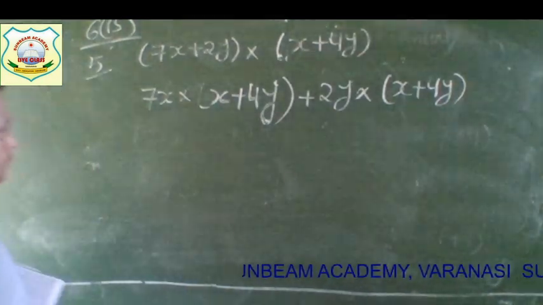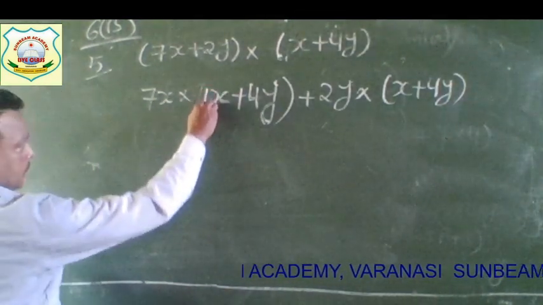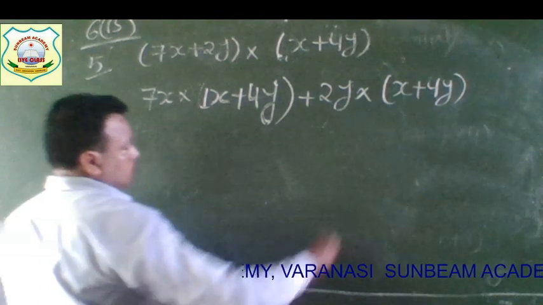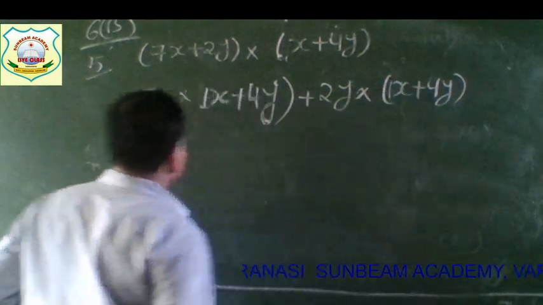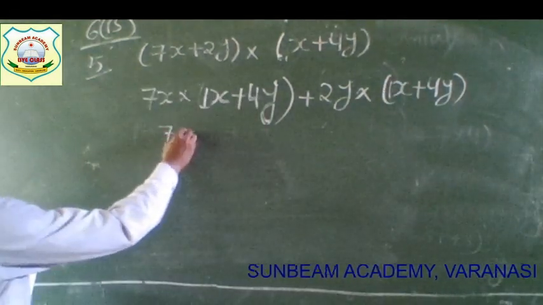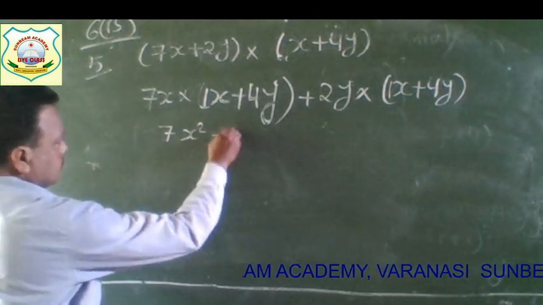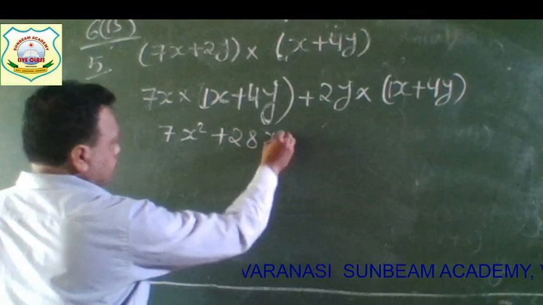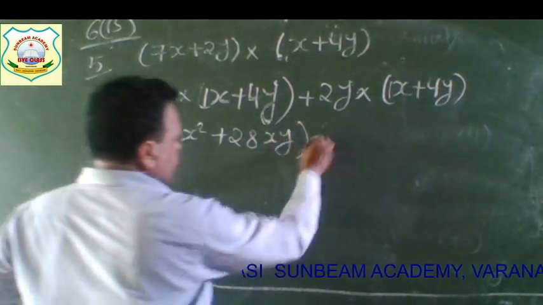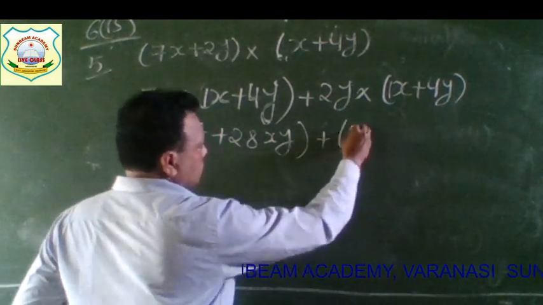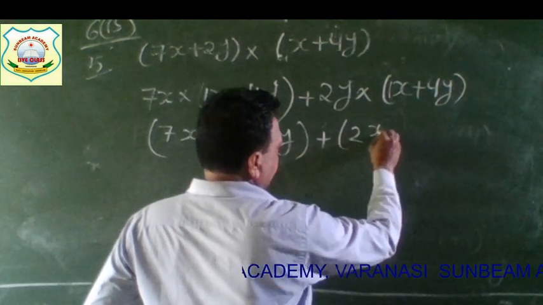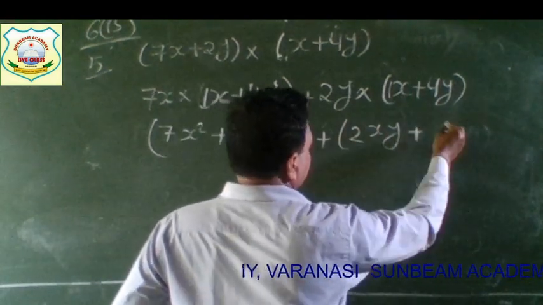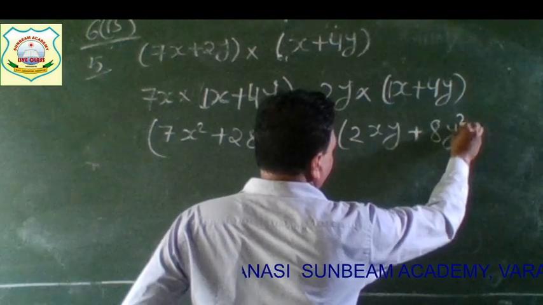What will happen? Similar, 7, there is the 1, because no value is numerical, so we can write the 1. So 7 into 1, that is 7, x into x, that is x square, plus 7 into 4 is 28, and x into y, that is xy, plus 2 into 1, that is 2, and y into x, that is xy, plus 2 into 4 is 8, and y into y, that is y square.